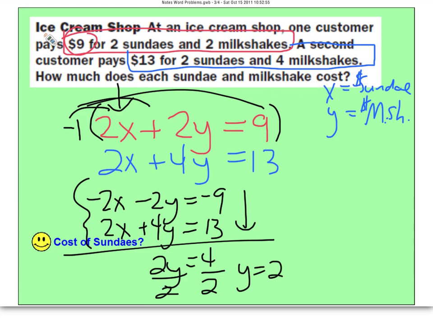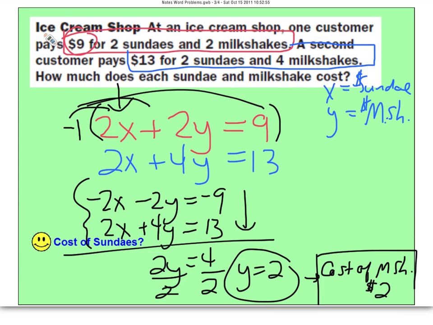Y is 2. What did that mean, by the way? It meant that the milkshakes, so I'm going to put cost of milkshake is $2. Okay, let's find the cost of the sundaes. So I'm going to take the $2 for the y and put it right in there. Come on back.